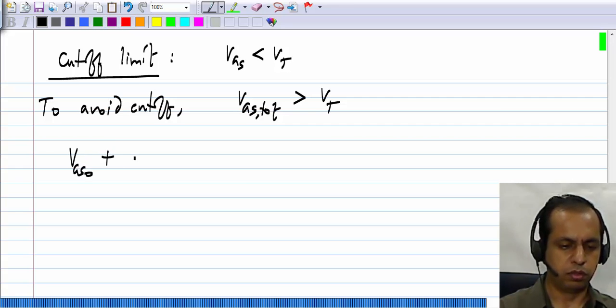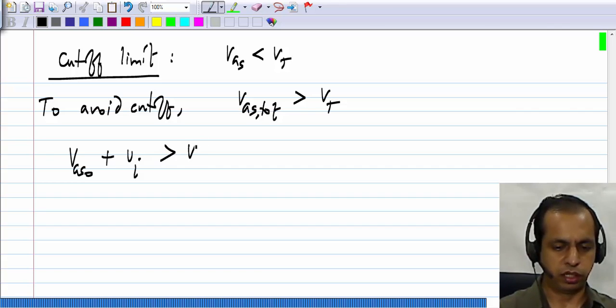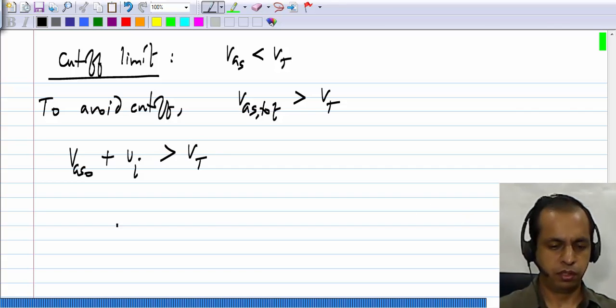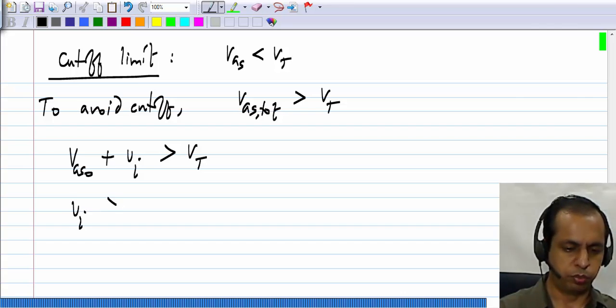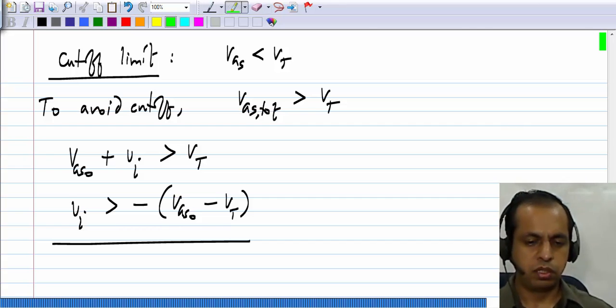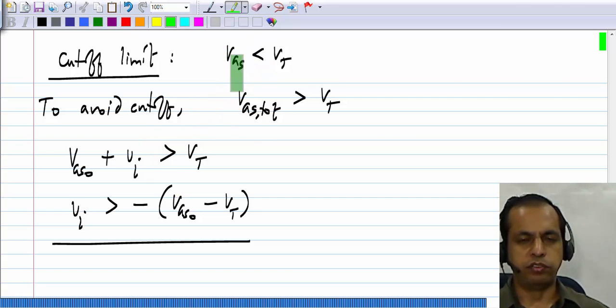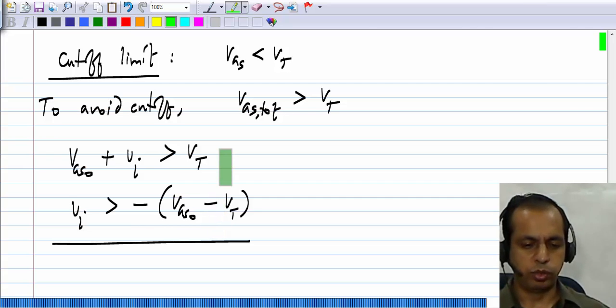VGS0 plus Vi should be greater than the threshold voltage, or Vi should be greater than minus VGS0 minus VT. This is the limit that we get by applying the cutoff condition by saying that VGS has to be more than the threshold voltage VT. So we have two different ways of calculating the cutoff limit.